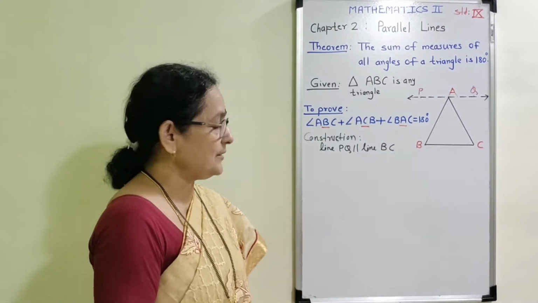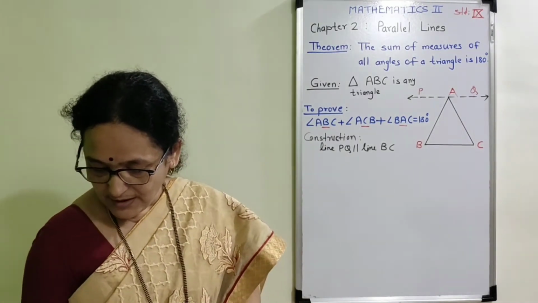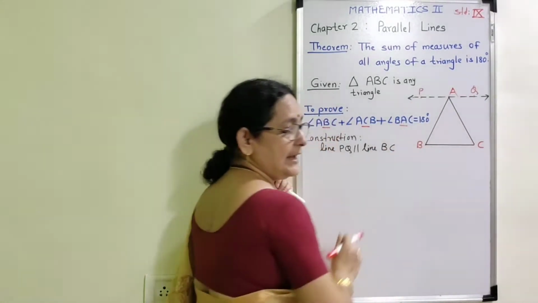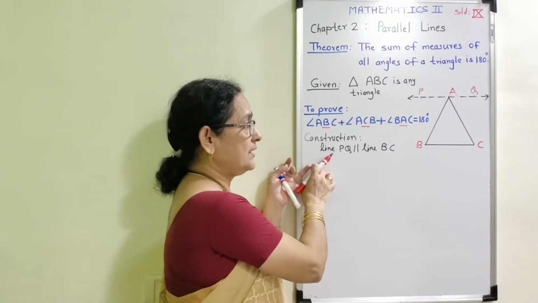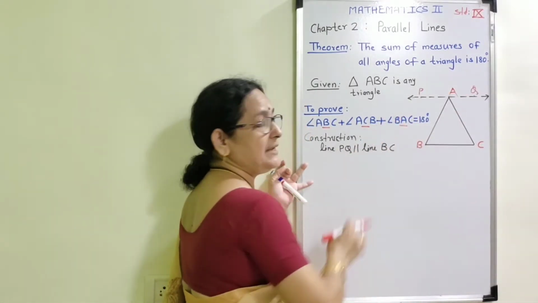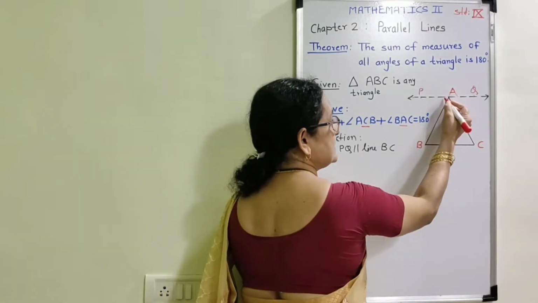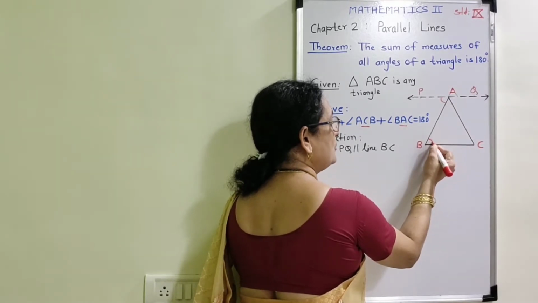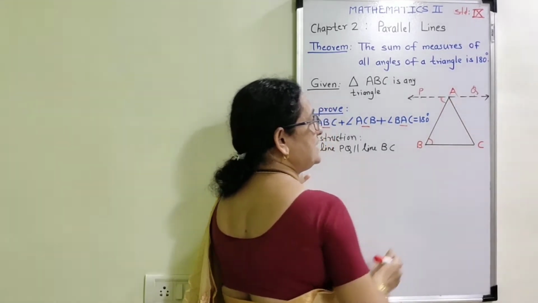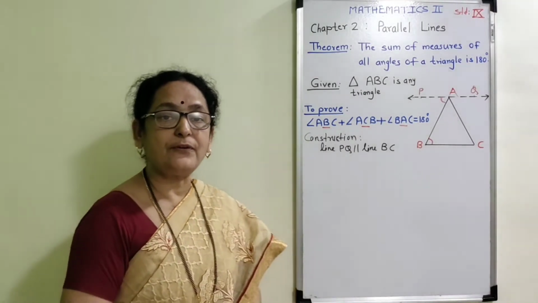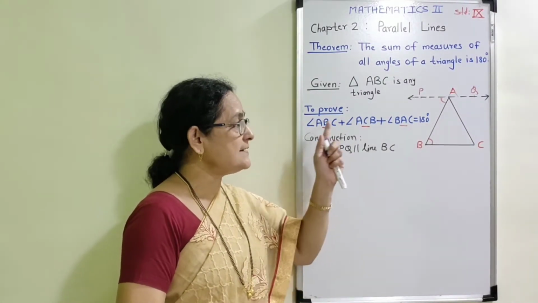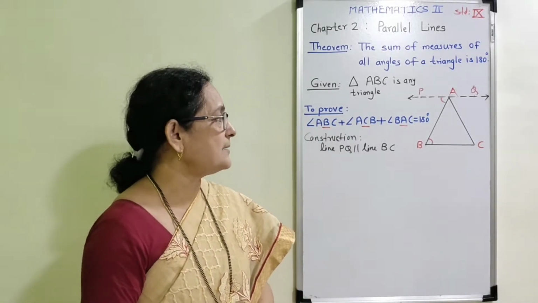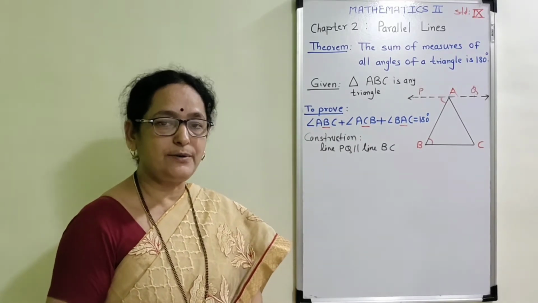Now we are going to prove the entire proof. Now observe the figure on the blackboard. Line PQ is parallel to line BC with the help of the construction. Now suppose I have taken segment AB as the transversal. Then this angle PAB is congruent to angle ABC. This is a pair of alternate angles, and therefore since the lines are parallel, with the help of properties of parallel lines, these two angles are congruent to each other.